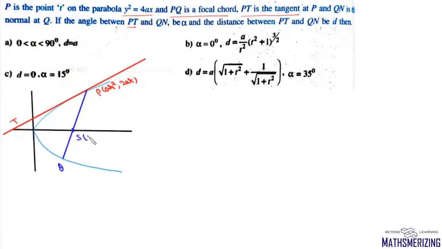So it passes through (a, 0) and Q is (at2 squared, 2at2), and since PQ is a focal chord, we know that t1 times t2 is equal to minus 1. Now we draw the normal at Q. This is the tangent at Q, and then we have the normal at Q.